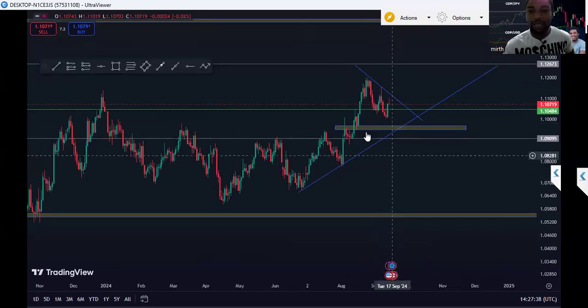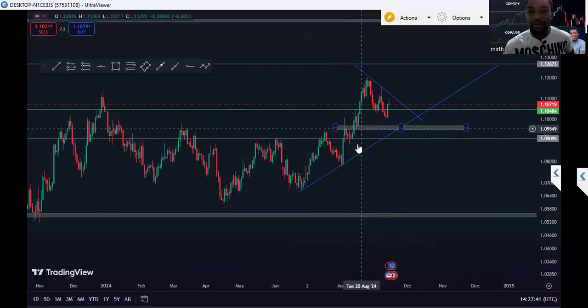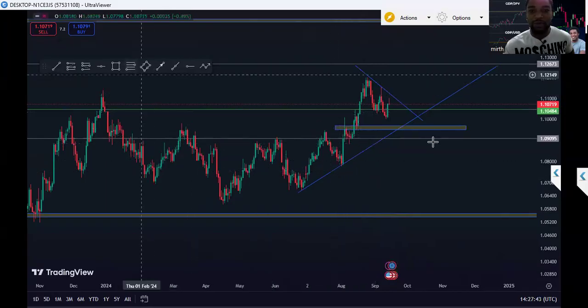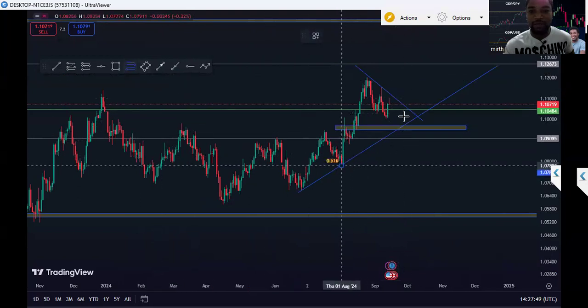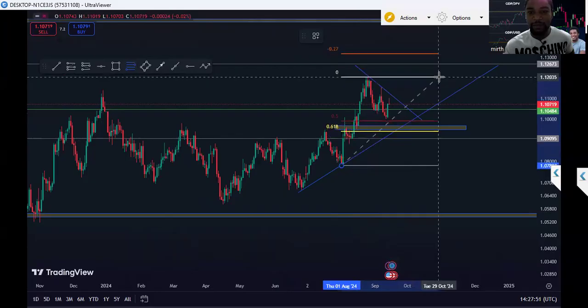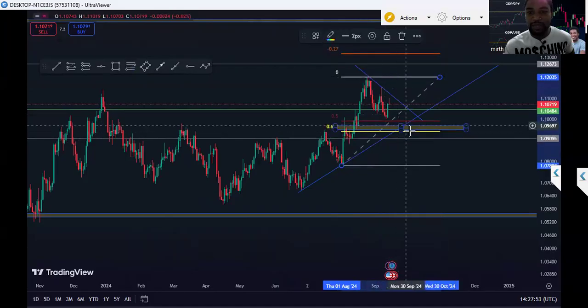And if you also check, this area is not only a demand area, it is also a very important level as well. If you mark out your Fibonacci from swing low to swing high, you also see that this area is also an important level.